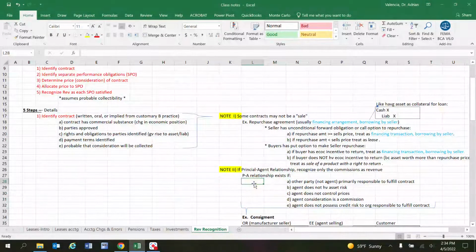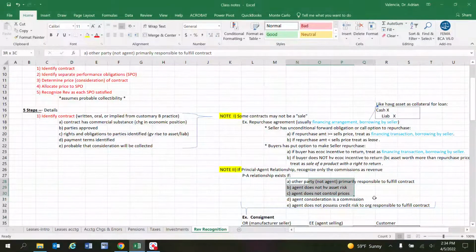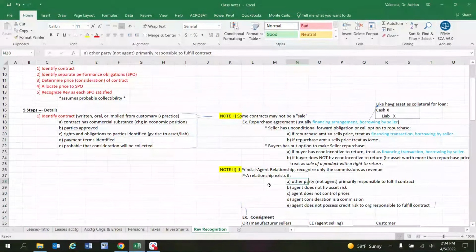To determine whether you have a principal-agent relationship, you need to meet these five requirements. If you are in doubt, here are some of the things you need to check. If another party, not the agent, is responsible for fulfilling the contract, that implies you are an agent and not necessarily a seller.